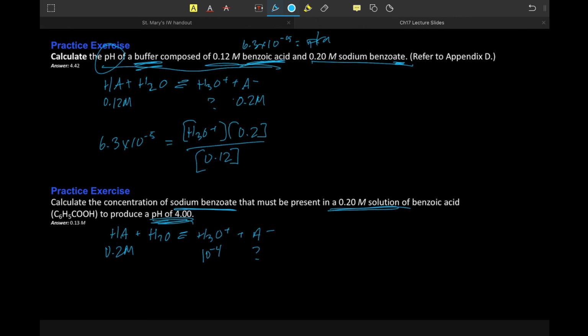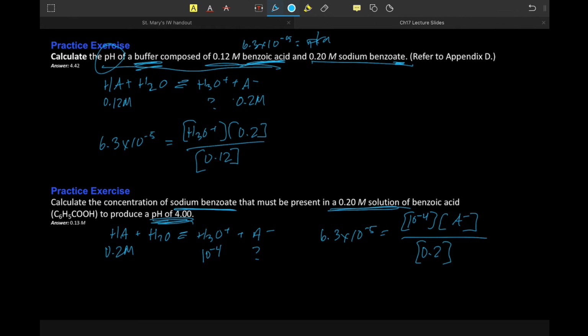Same thing: I would set this up as 6.3 times 10 to the negative 5 is equal to 10 to the negative 4th times A minus over 0.2, and then solve for my A minus concentration. Does that make sense?